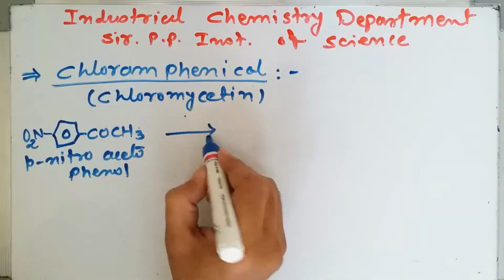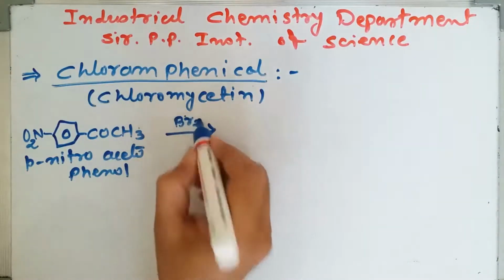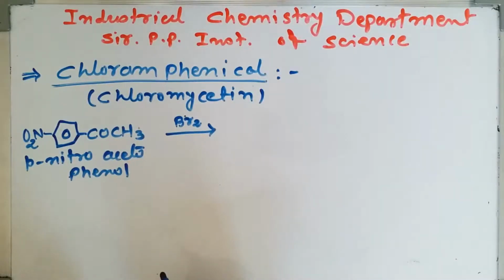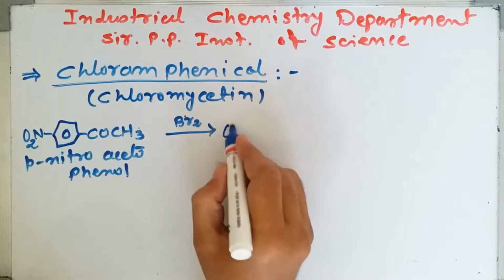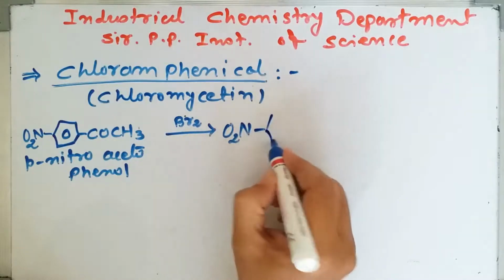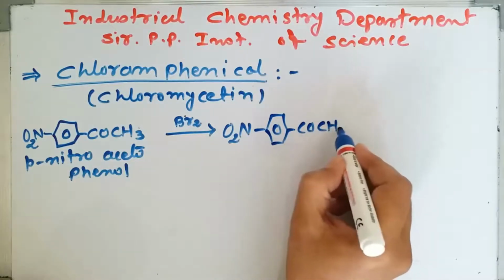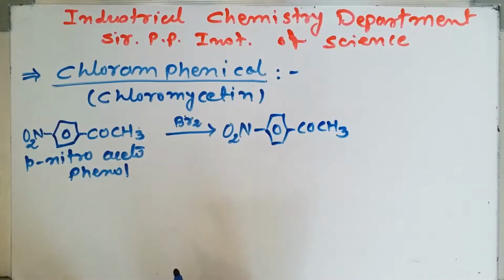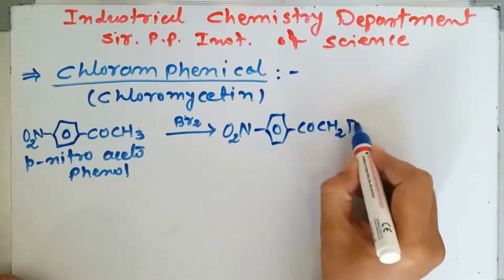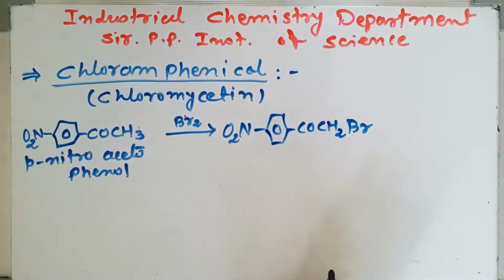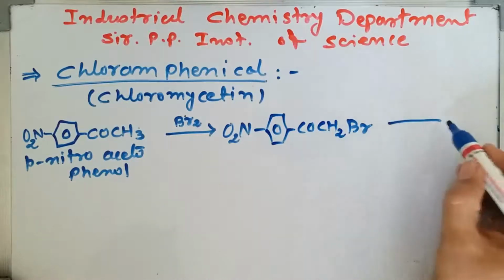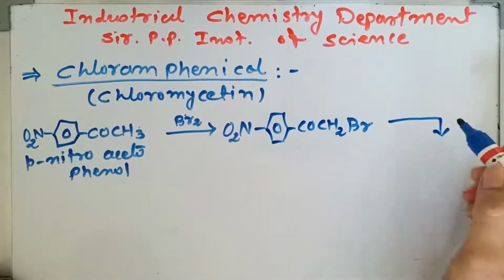This compound undergoes bromination, so Br2 is treated, and a hydrogen is substituted. So CH2Br is produced.